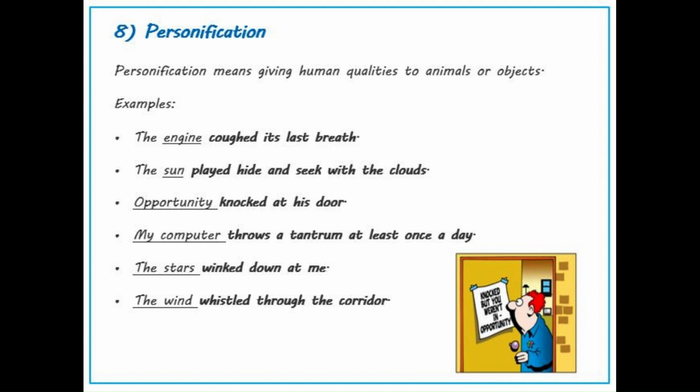So, the meaning hidden in this sentence is that the engine was so old and so out of order that it coughed its last breath when we tried to turn it on. So it just died. It was an old engine that did not have any life left in it at all.